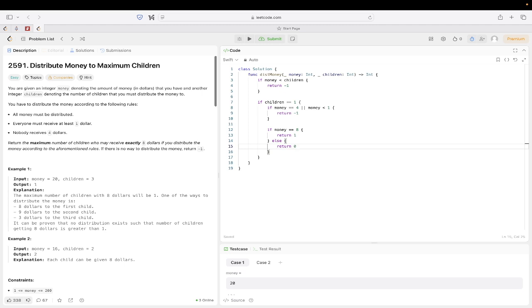so we need to distribute all the money. So if it's more than $8, we can't, because we only have one child and they can at most get 8. Right? Okay. So we're just trying to figure out all the edge cases.